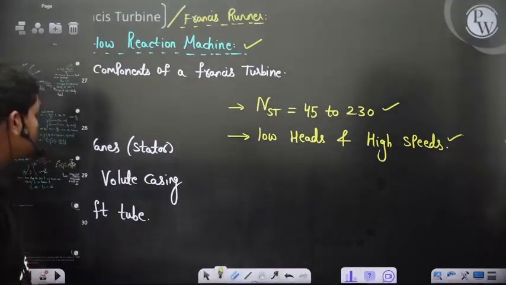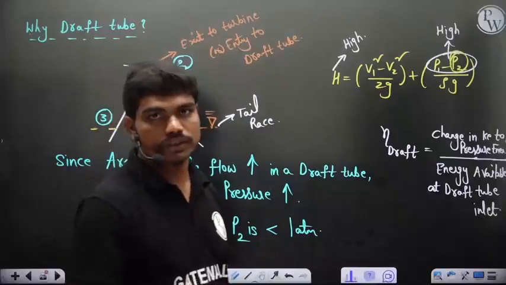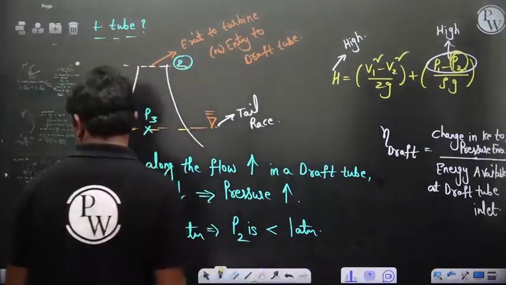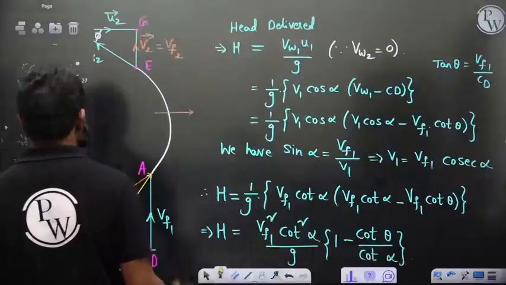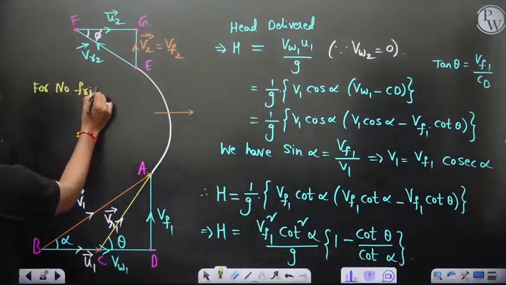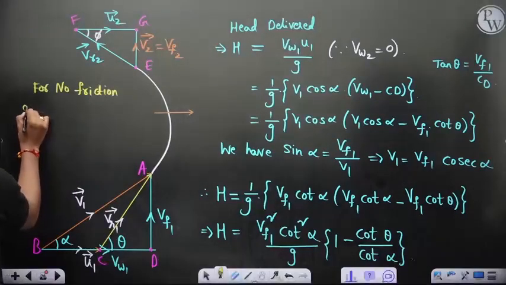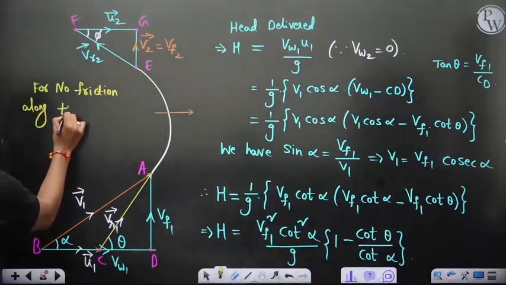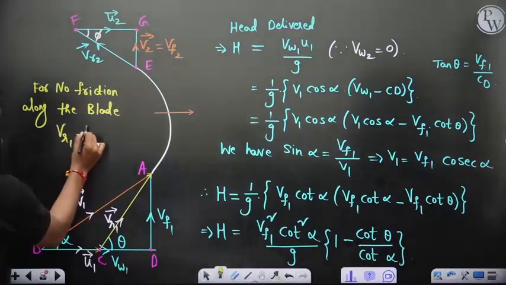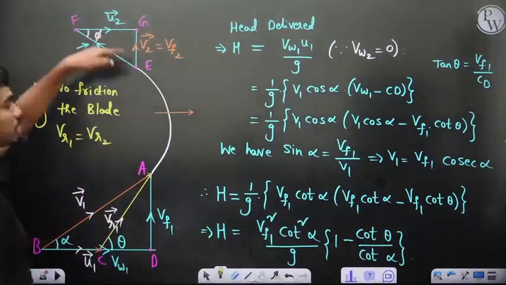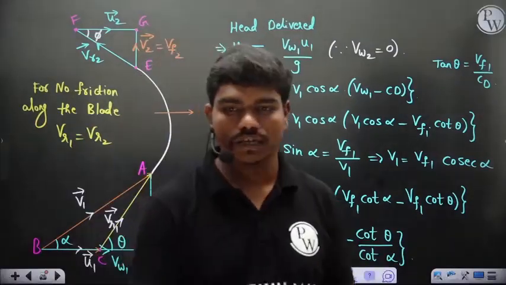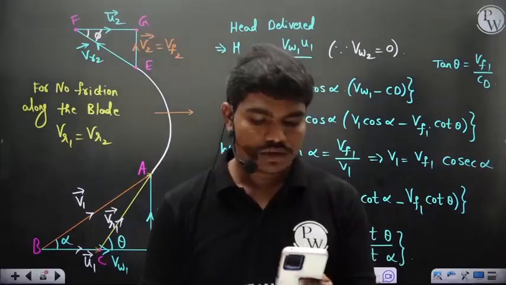The only thing is VR1 and VR2 are equal, of course, if you don't assume any friction along the blade. So for no friction along the blade, VR1 is equal to VR2, so that you can relate this triangle to this triangle depending on trigonometry again. Okay, so this is the basic idea that we can have.